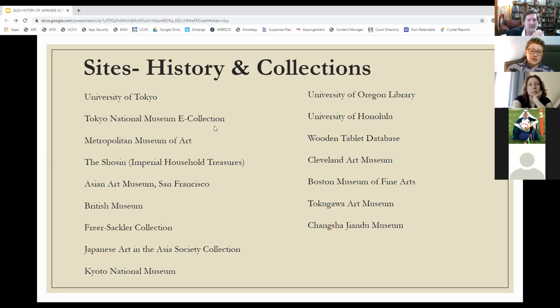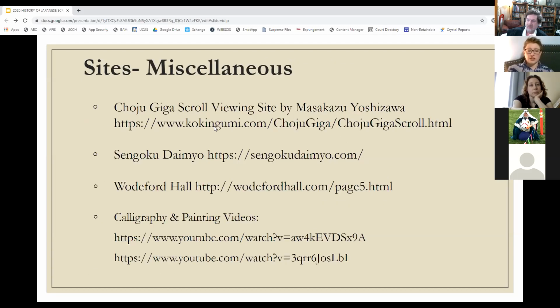Okay, so these are all the different collections you can look at online. A lot of different places you can look. So you're not limited on anywhere you can look at for art. This is just some of the miscellaneous sites I go to as well that are helpful, and those 2 calligraphy and painting videos at the bottom I mentioned before.